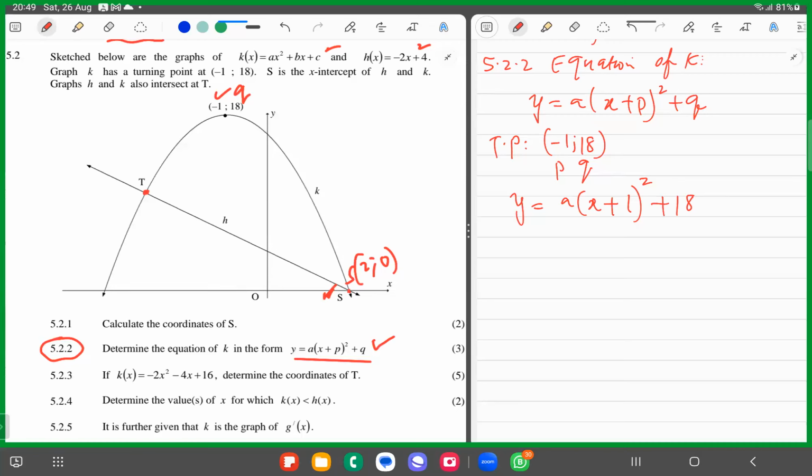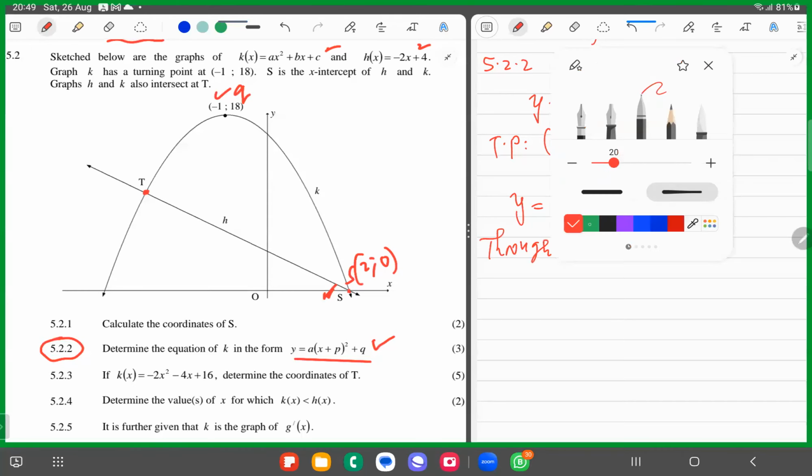Right, so we are in business. So now, it is passing through a point, S with coordinates 2 and 0.